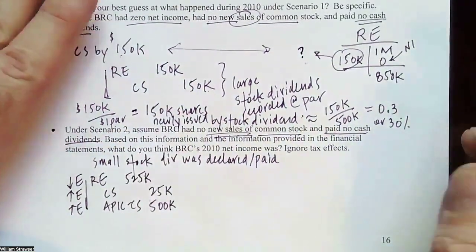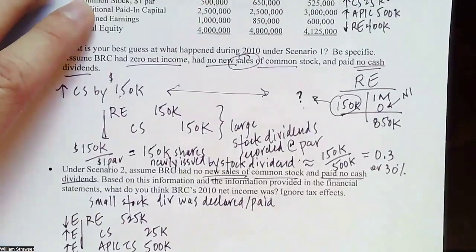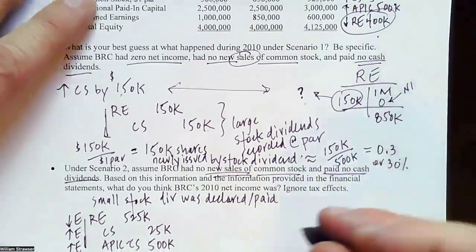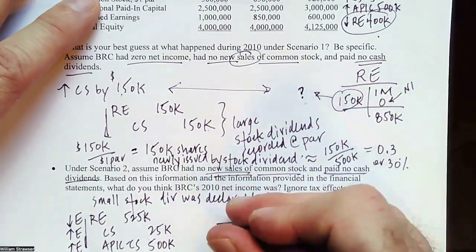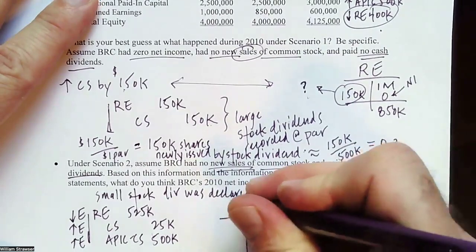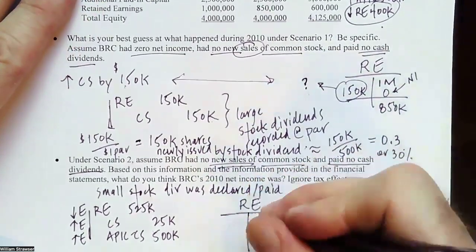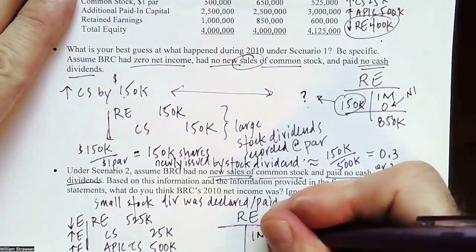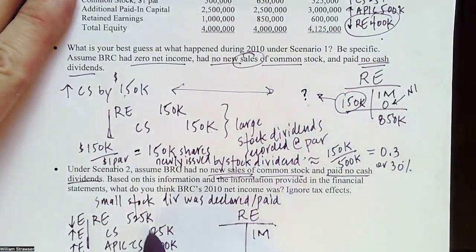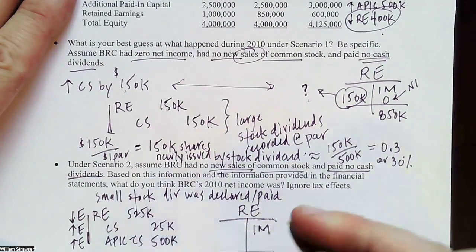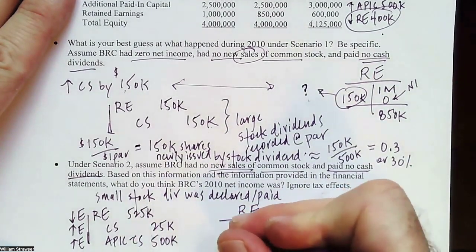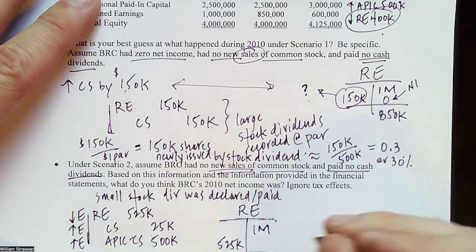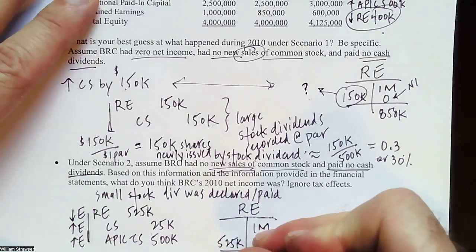Okay. But the question was, what about net income? Well, that has to do with the fact that my retained earnings dropped 400,000. So let's look at the retained earnings account and break that out. I have retained earnings. It started at 1 million according to my problem. And there was a small stock dividend paid for 525,000. And we end up with retained earnings of 600,000.